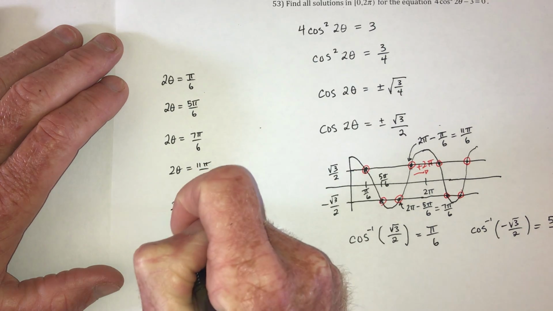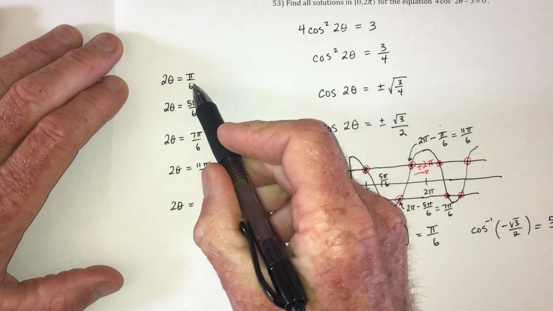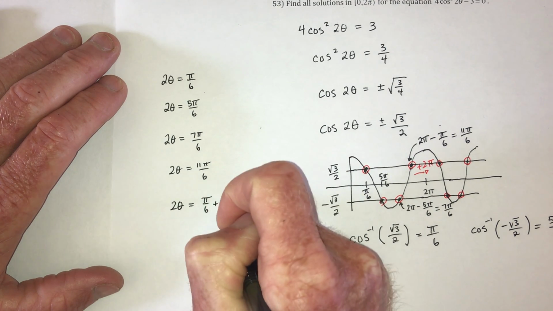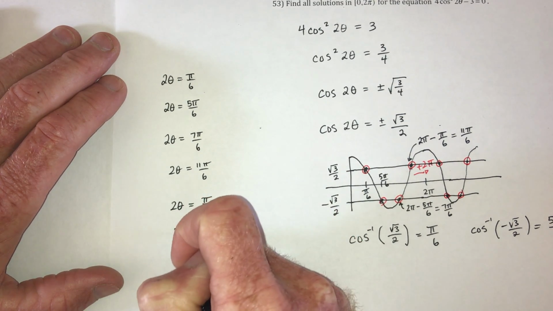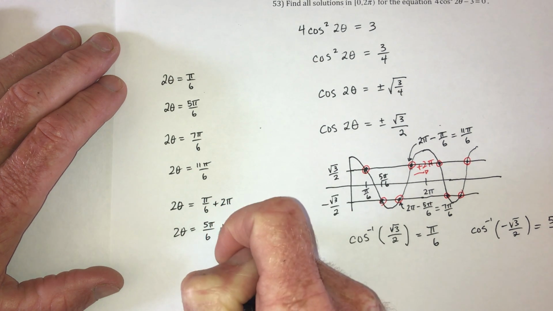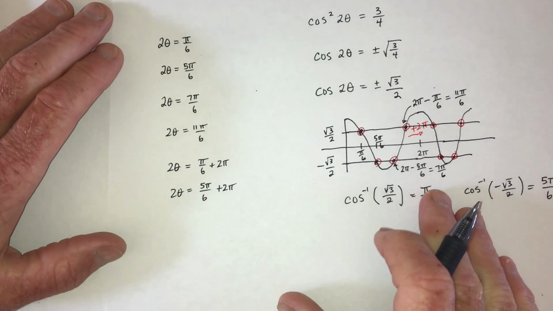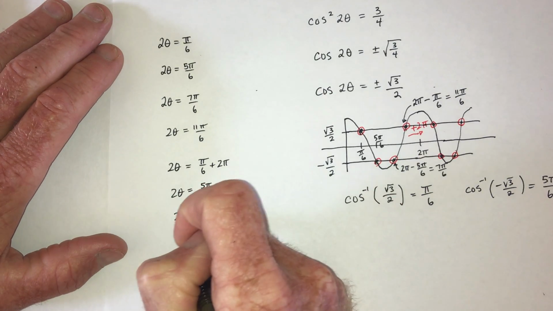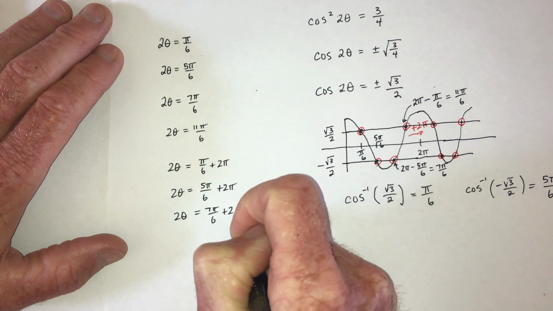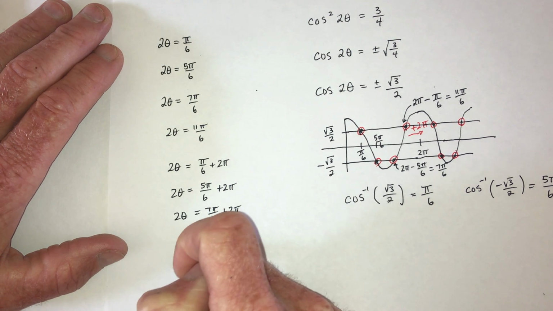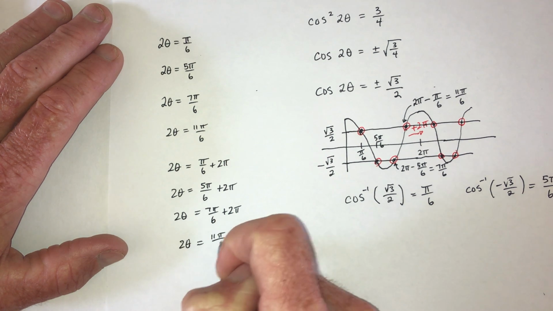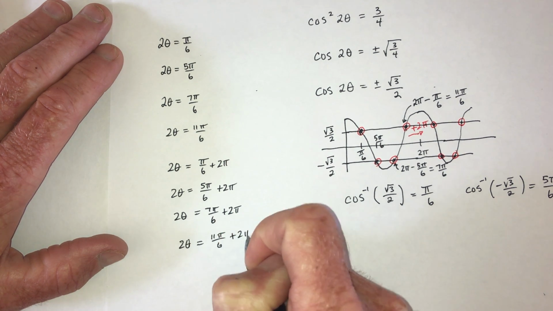So 2 theta equals pi over 6 plus 2 pi. The next one, 5 pi over 6 plus 2 pi. Just 2 more to go. 7 pi over 6 plus 2 pi. And 11 pi over 6 plus 2 pi.